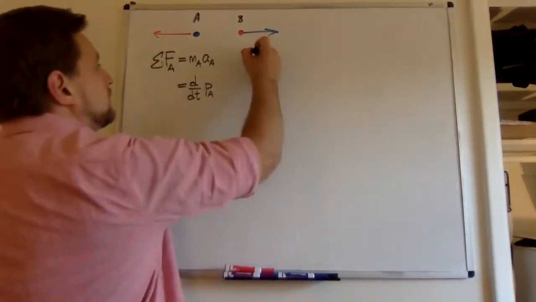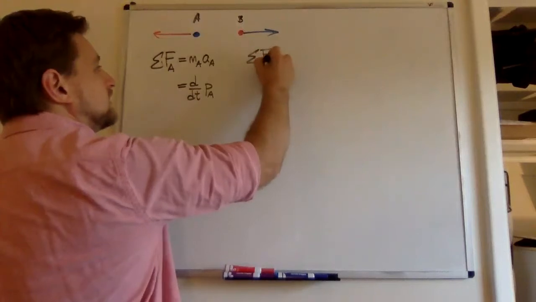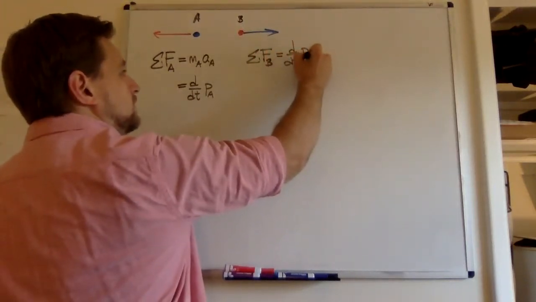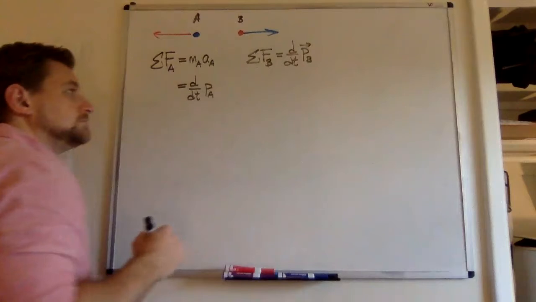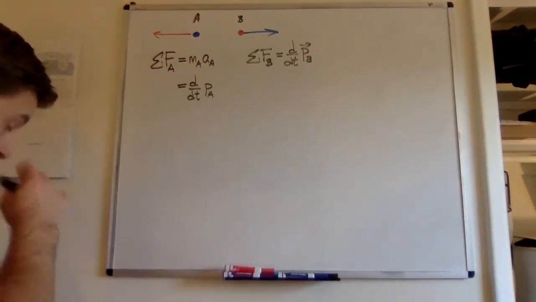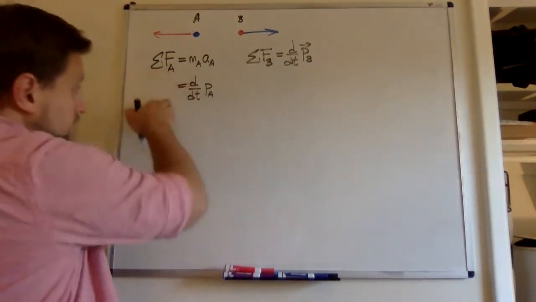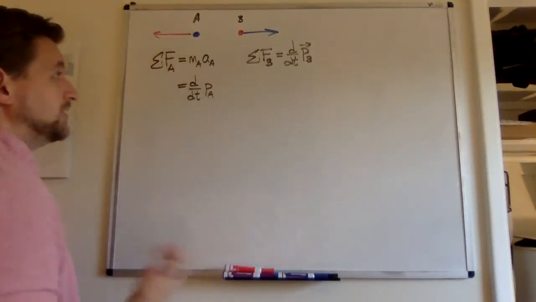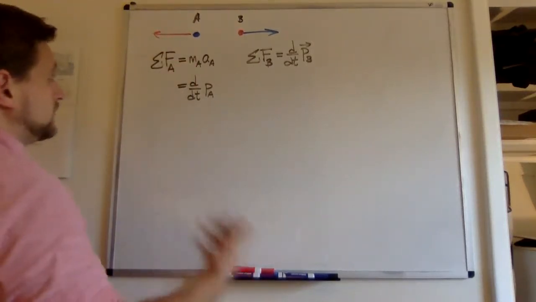And similarly, the sum of the forces acting on B is the rate of change of the momentum of B. So those two equations have to be true. With the definitions we've made, we have no choice.